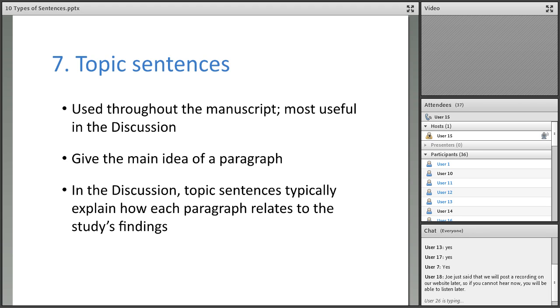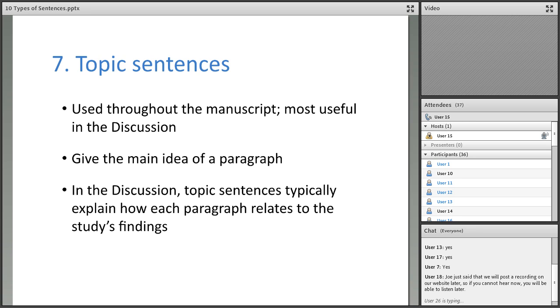Moving from the conclusion, let's talk a little bit about topic sentences. Now, these are used throughout the manuscript, but I find that they're extremely helpful in the discussion because this is where you often have the most paragraphs that require the main idea of a paragraph to be put front and center.